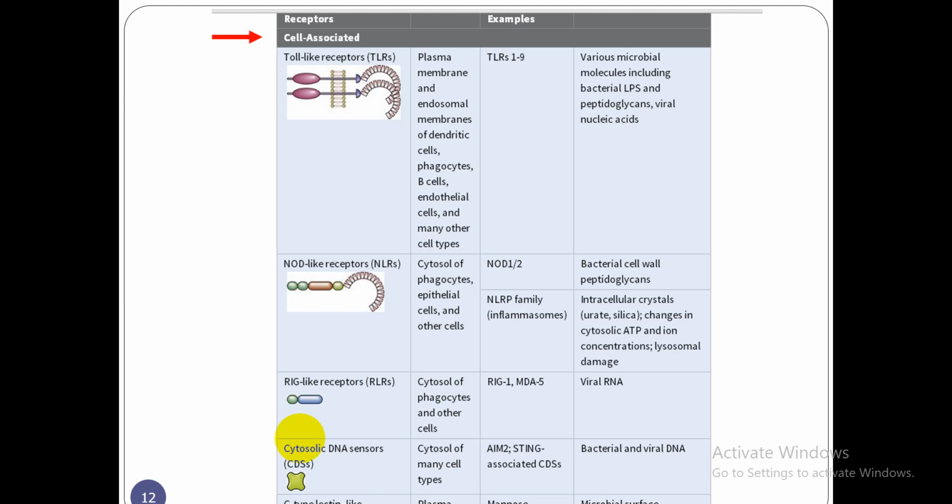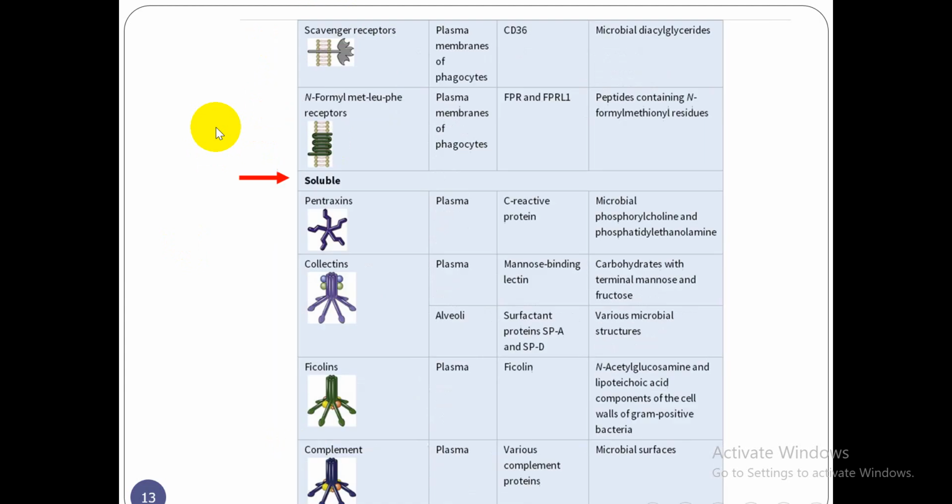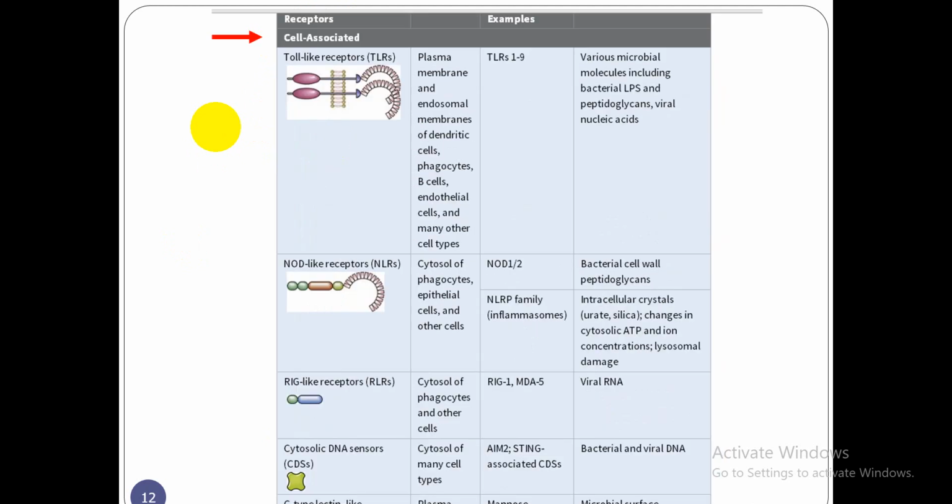The receptors that recognize these PAMPs or DAMPs are called pattern recognition receptors or PRRs. These PRRs could be cell associated and also could be soluble. So we have two groups of PRRs.